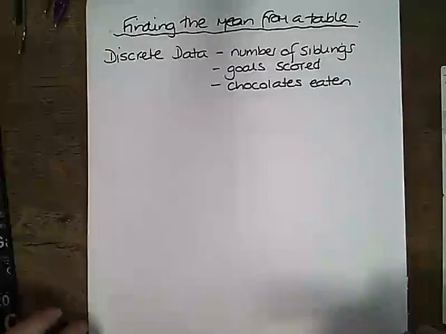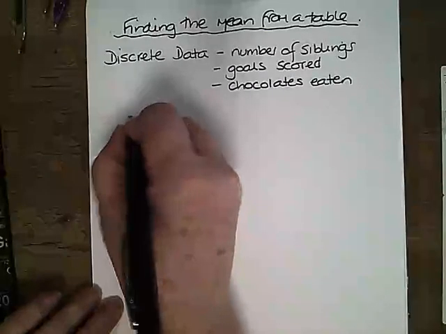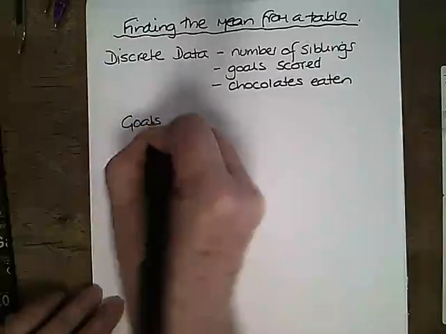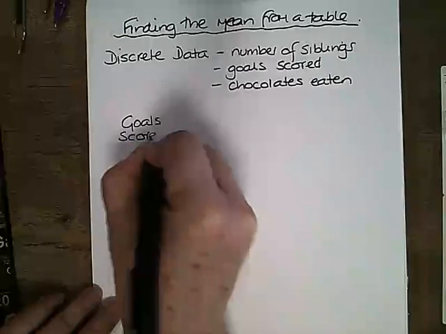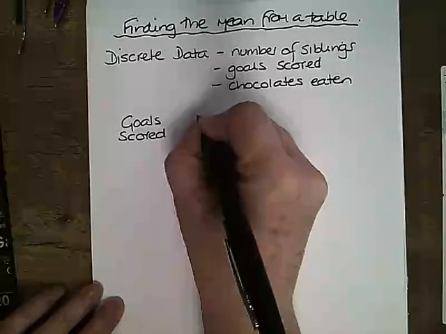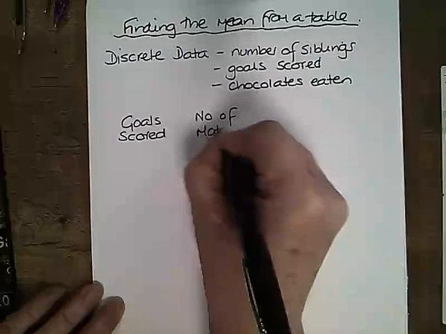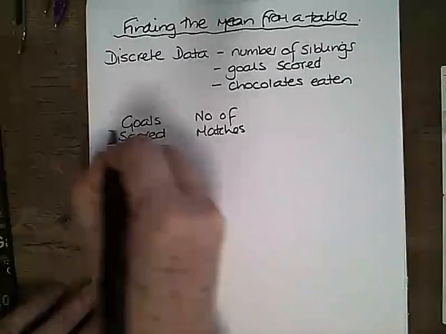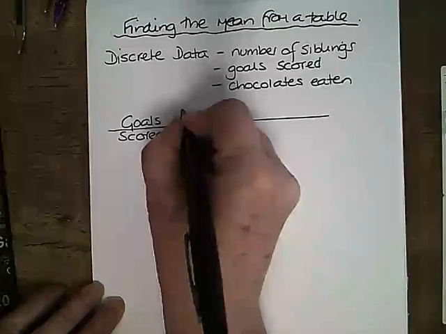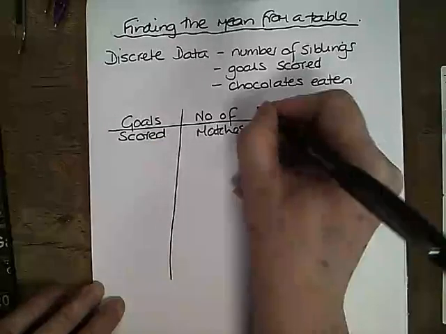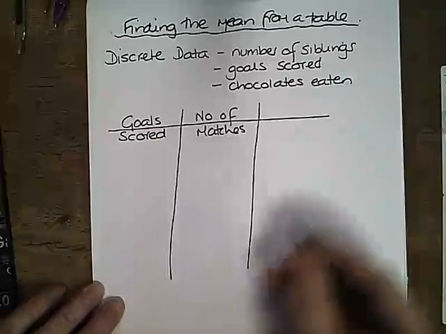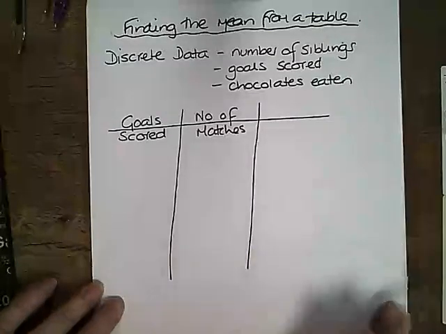We're going to look at the number of goals scored and the number of matches, and we're going to fill in our table. Now you can see that I've left a column at the end, and I'll explain what that's for in a minute.